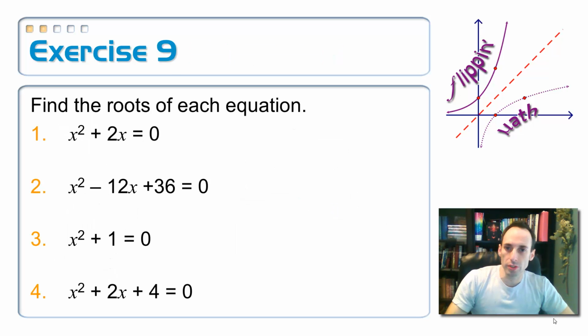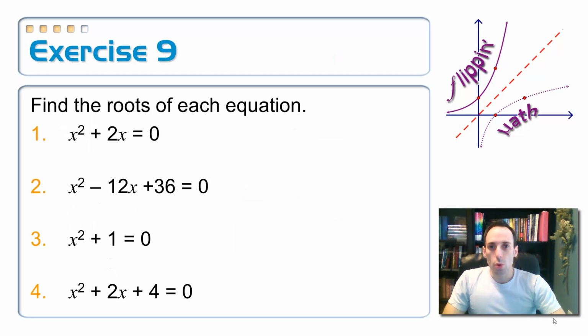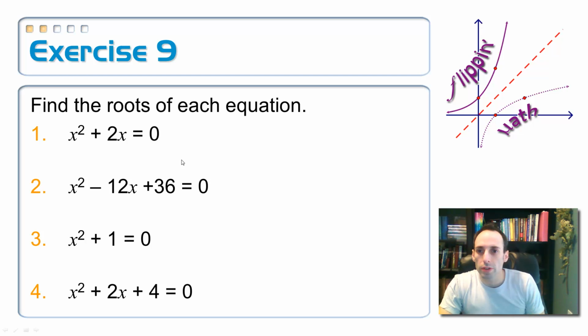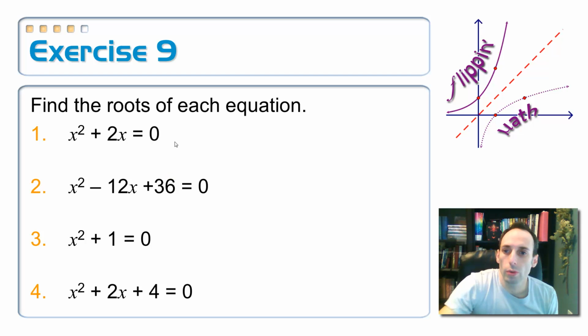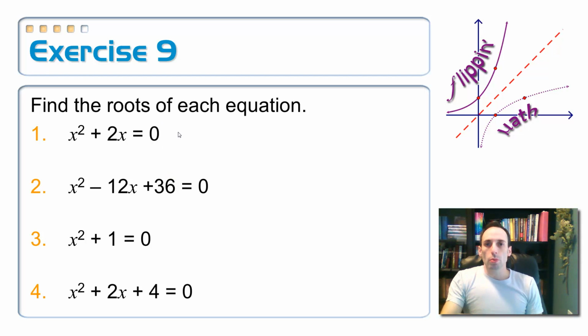So find the roots of each of these equations. Finding the roots means solve it. Solve the quadratic equation when it's equal to 0. So, remember, what I'm trying to do by this method is just factor one side of this thing. Since I only have two terms here, it's a binomial. First step is always GCF. Well, look, they both have an x in common.